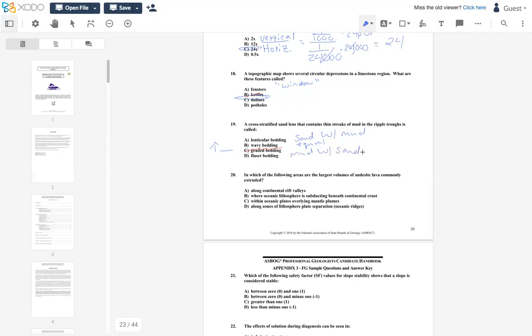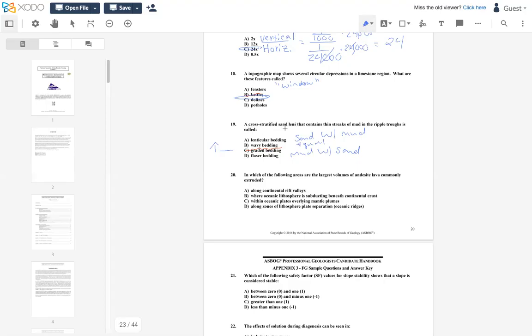And so it appears what we have in similarities between all these is that they all contain, with varying amounts, both sand and mud. So we have to be really specific about what these definitions are and what these bedding features are when it comes to this question.